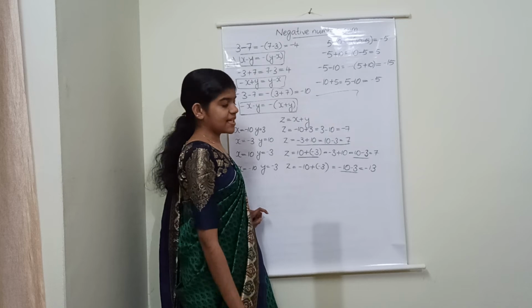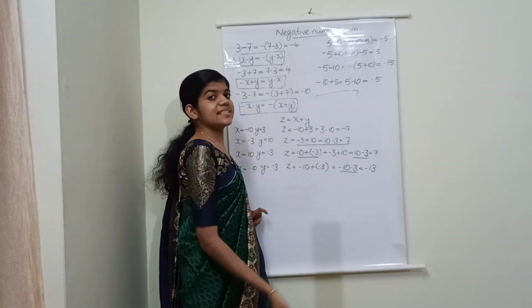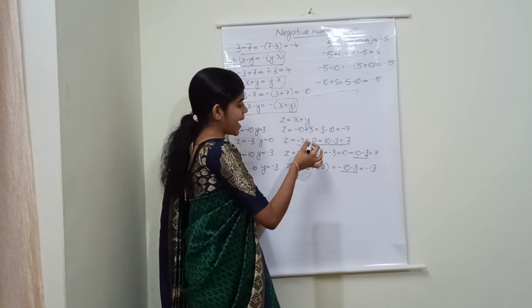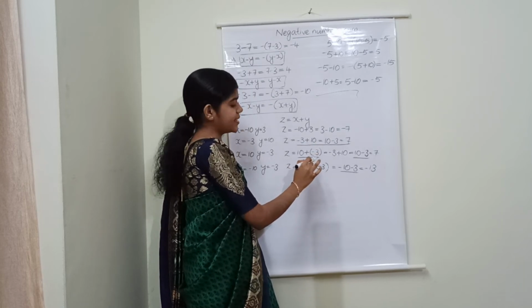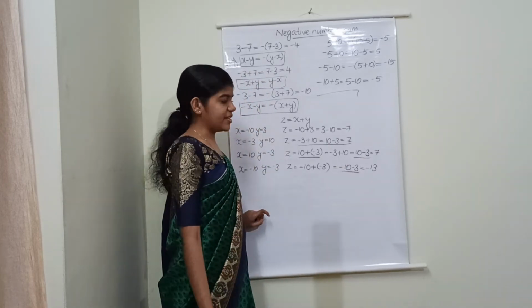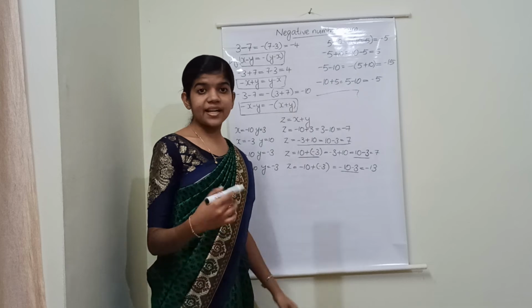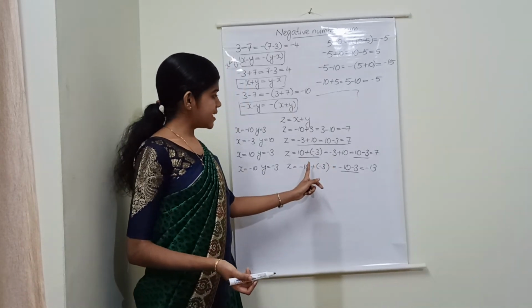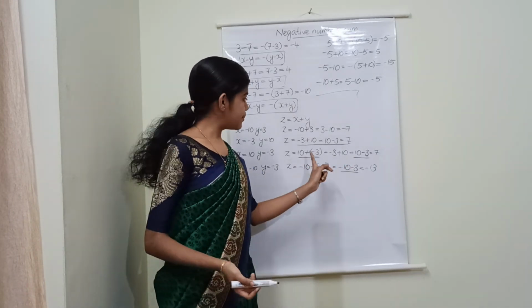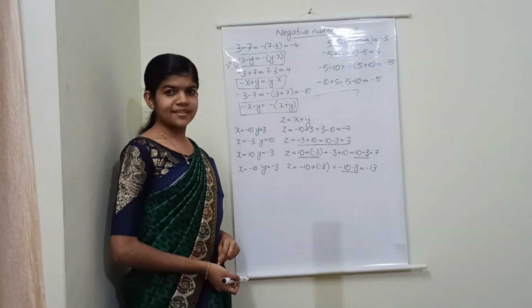Here the number is 3. Adding minus 3 is equal to subtracting 3. Is the concept clear? The concept of adding the negative number, that is minus 3, plus minus 3 simply becomes minus 3. Is it clear?